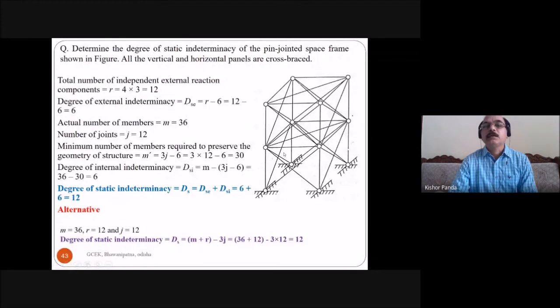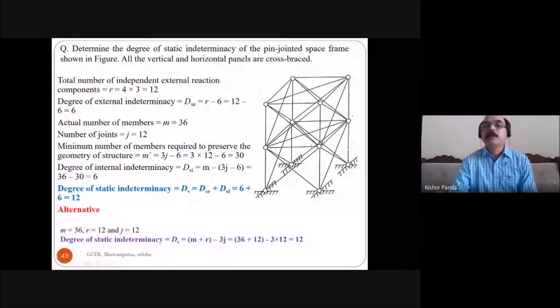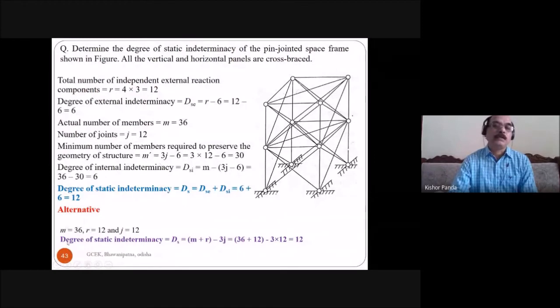Then count the diagonal members. 17, 18, 19, 20, 21, 22, 23, 24, 25, 26, 27, 28, 29, 30, 31, 32, 33, 34, 35, 36. So members is equal to 36.